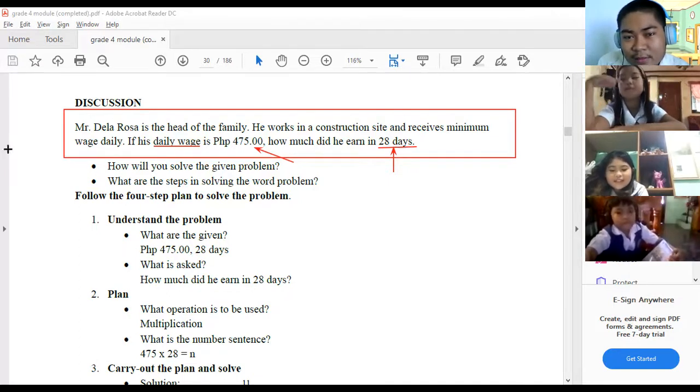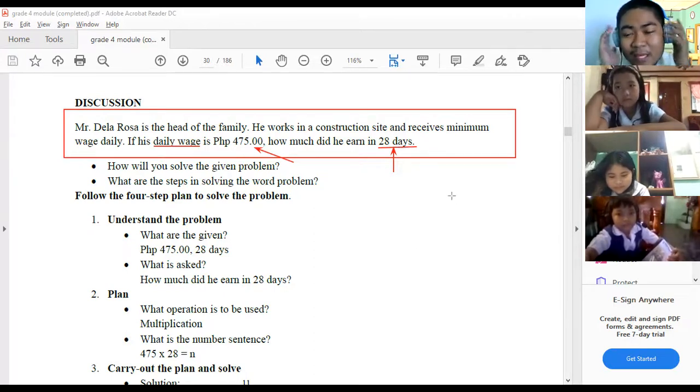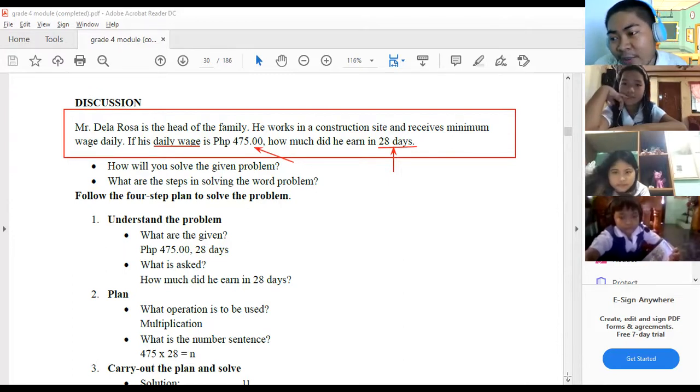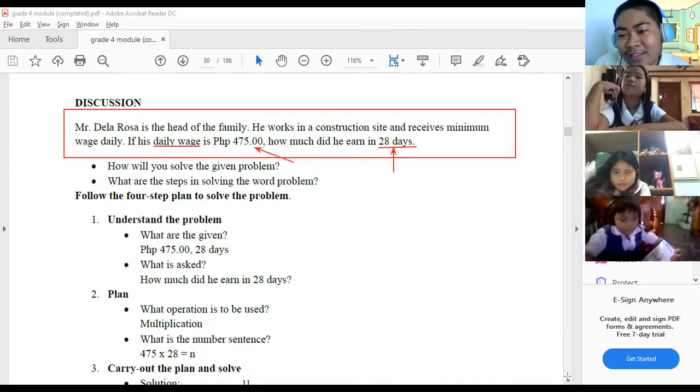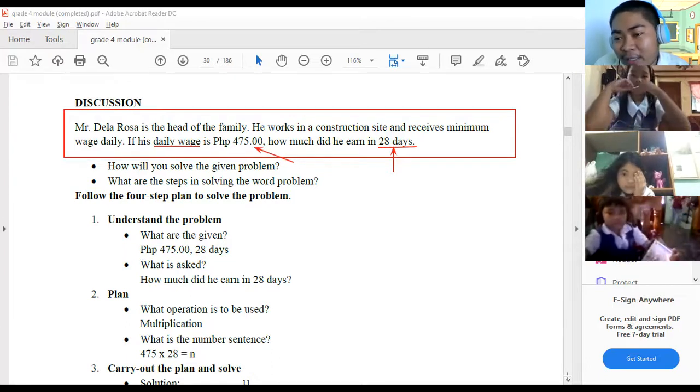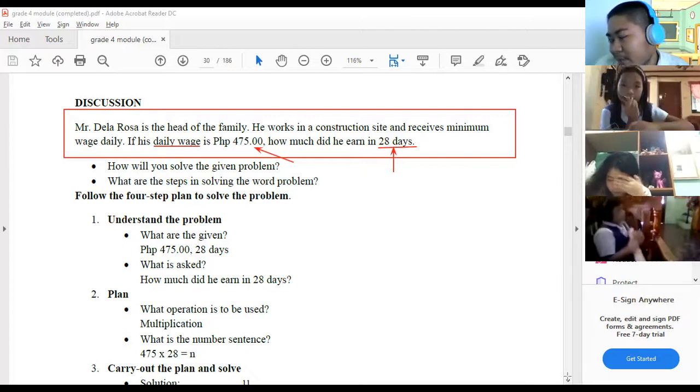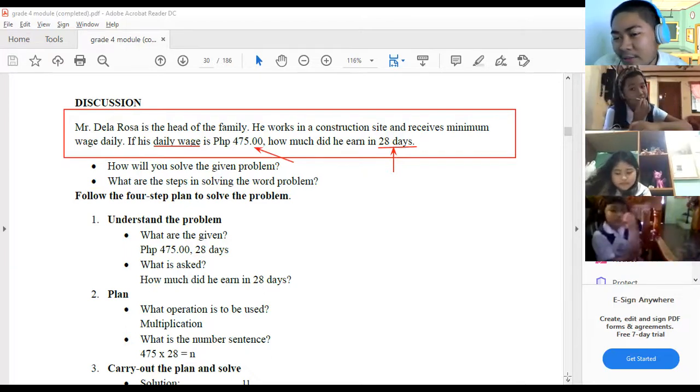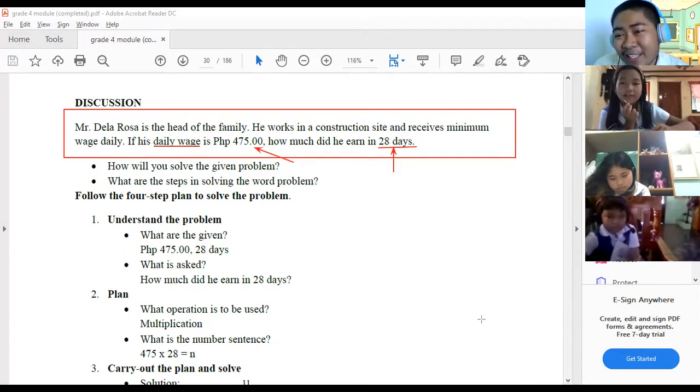Okay. So let's continue. After understanding the problem, we need to have a plan. What is the operation to be used? Multiplication is the process wherein you multiply numbers. It's like you're adding it many times.